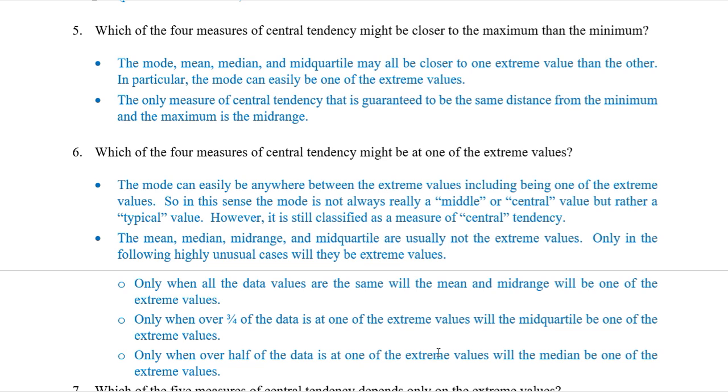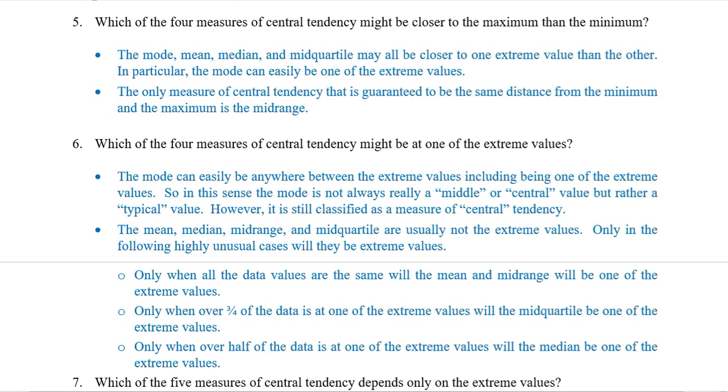So basically, for any kind of normal or usual kind of data, the mean, median, mid-range, and mid-quartile basically cannot be the extreme values. Only in these highly unusual cases could they possibly be extreme values. But the mode could be almost anywhere, and it might be unusual, but not unheard of at all for the mode to be one of those extreme values.